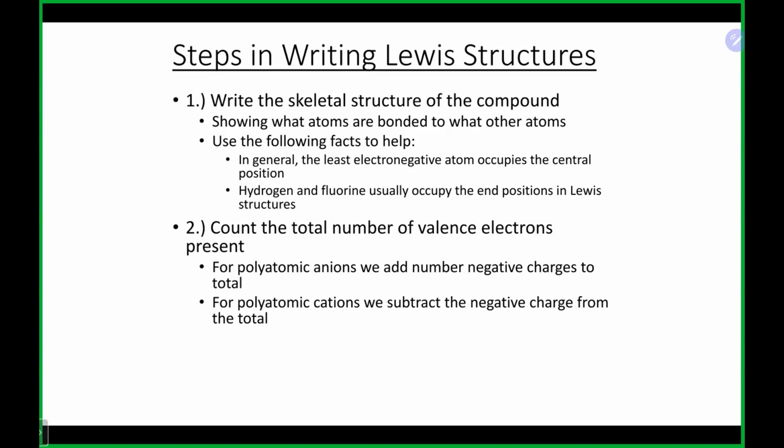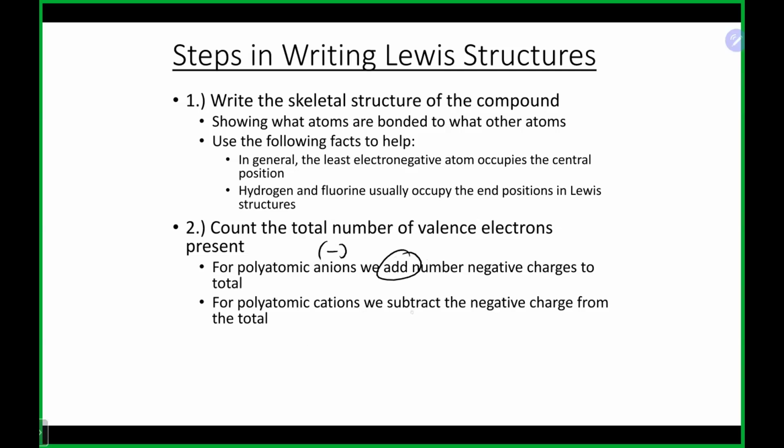Also, if you are drawing a Lewis structure for an ion, like a polyatomic ion, which we'll talk about in the next chapter as well, and it has a charge, you have to adjust the total number of electrons for its charge. A polyatomic anion would be negatively charged, and you would add however many the negative charge is.